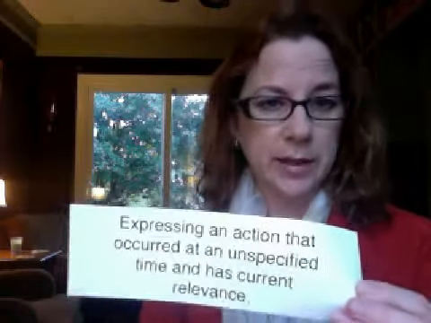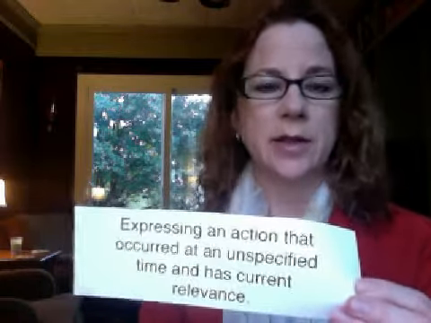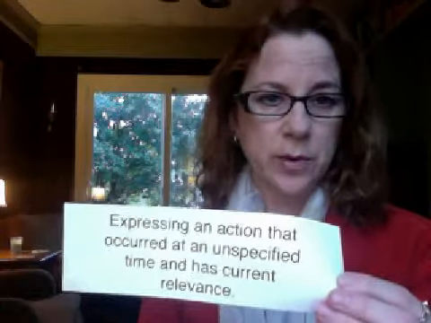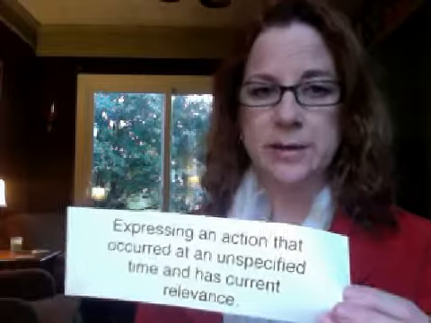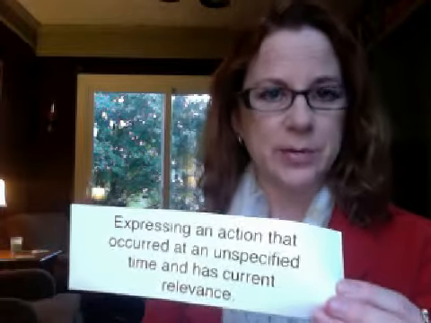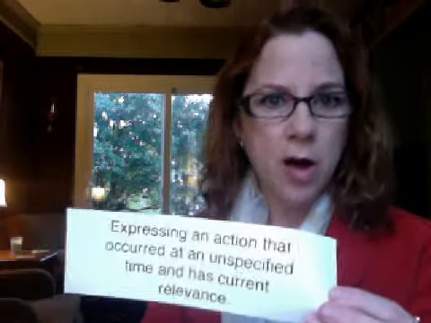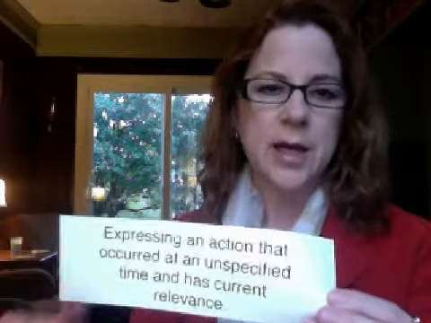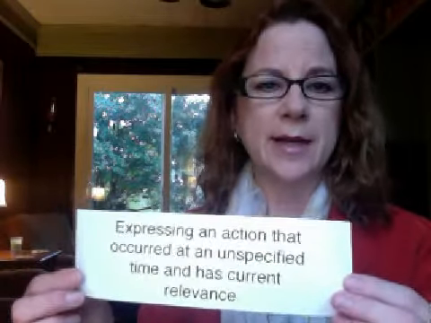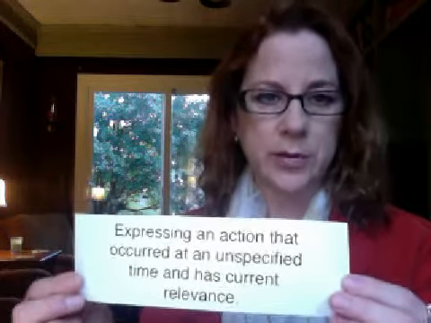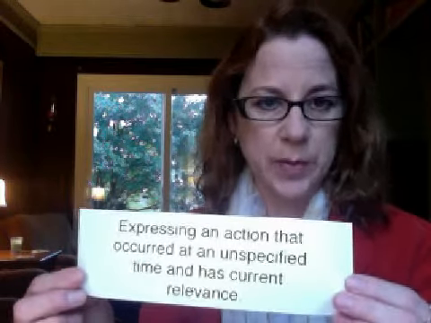Let's say you're in your English class and you're going to read Pride and Prejudice for your literature, but you look at your friend beside you and say, he has read all of Jane Austen's novels. Although you don't know the time frame, the fact that he has read all of the novels has relevance at this moment.